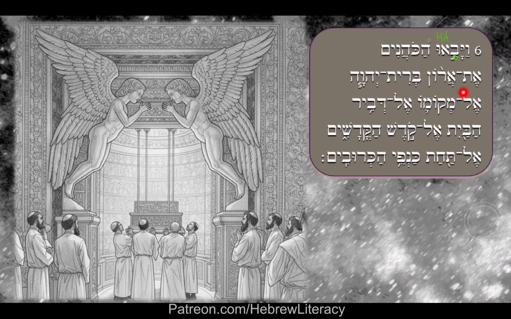El, unto. Mekom, from the word makom, became makom. Place of, of him, or it. El, Aleph Lamed, unto, Devir Habayit, the Devir of the house. Devir means Holy of Holies.